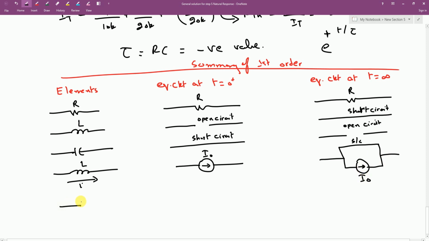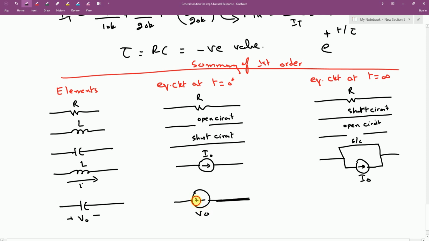For the capacitor, let us say we have this voltage V0 available here. Then the capacitor shall try to maintain the voltage across its terminal in case of any change in the circuit topology as a result of the switching. So we have this plus minus, this is V0, and here we have a short circuit across the capacitor.